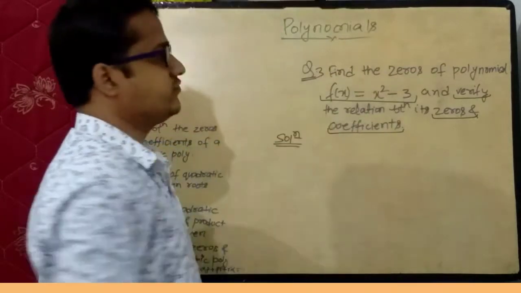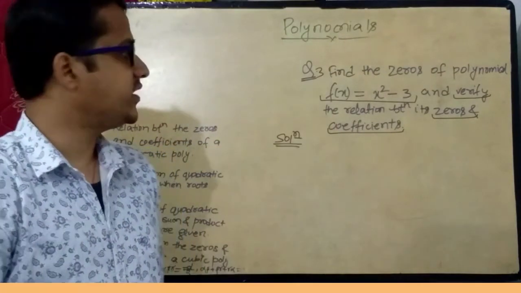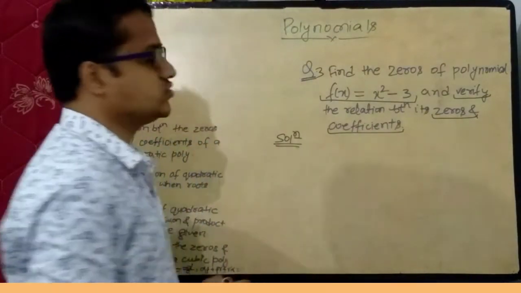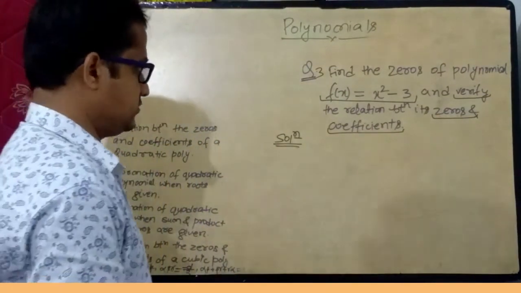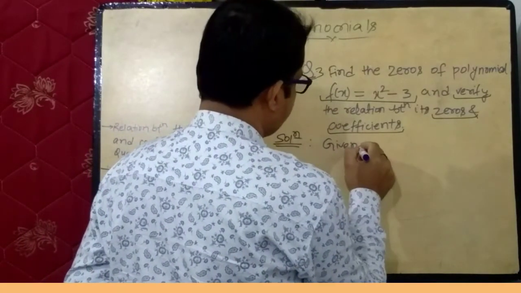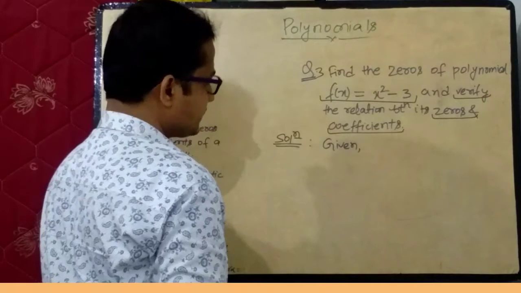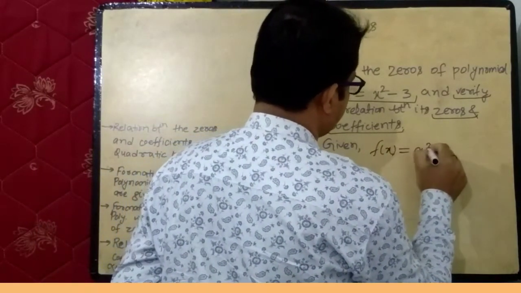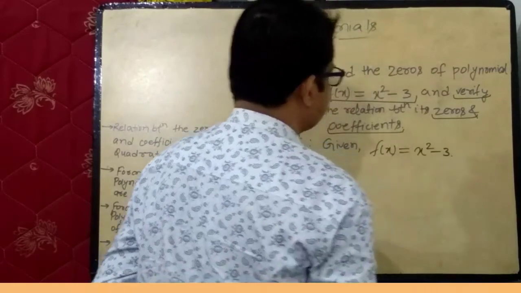First of all, you have to find the zeros of this polynomial, and after that you have to verify the relations between zeros and coefficients. Now what is given? Given f of x equals x square minus 3.